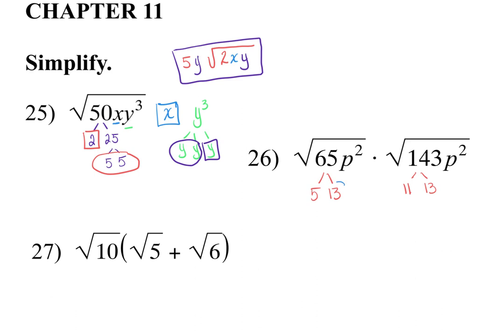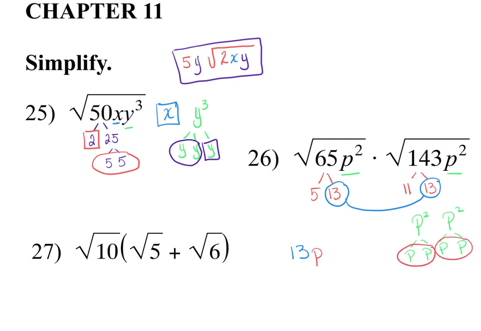But between both of them, I actually can pair up these 13s. So I can actually take a 13 out. When I look at the variables, I have a p squared and a p squared, which is actually 4 of those variables. And so I can group a p right here, and another p will group. And I don't have any that will stay in.